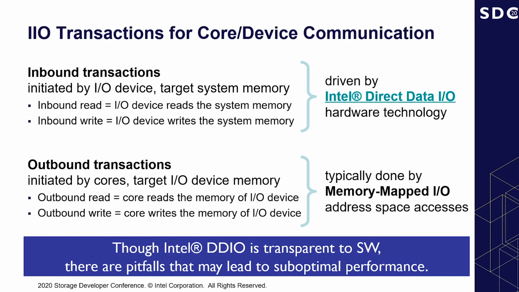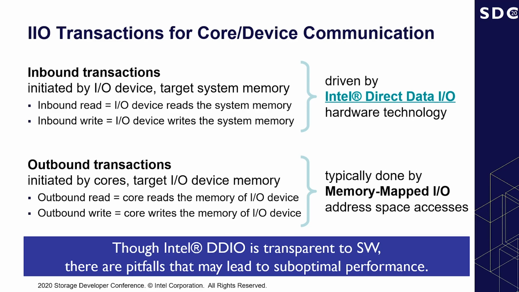There are 2 categories of transactions going through the IIO unit that enable your core to device or device to core communication: inbound transactions and outbound transactions. Inbound transactions are those coming into your system. These are initiated by your I/O device targeting system memory. We have inbound reads and inbound writes. Quick example: if we're a disk controller, we would do an inbound read to pull data from system memory to write to a disk.